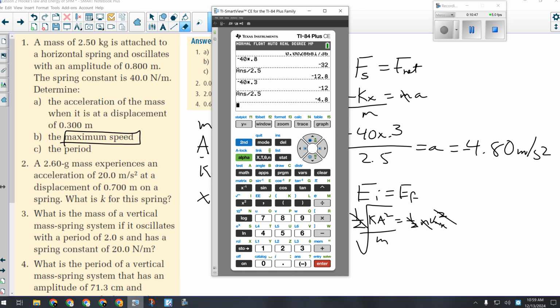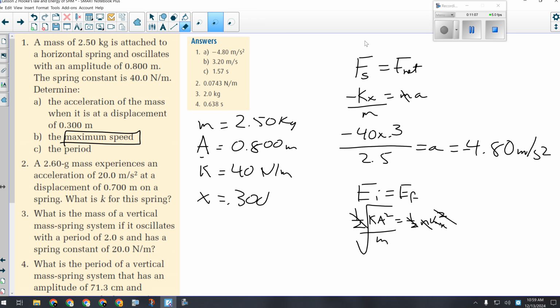So the spring constant was 40. We'll have 40 times 0.8 squared for the top, divide that by 2.5 kilograms, and then square root that. All right, so we're looking at 3.2 meters per second as the maximum speed for that object.